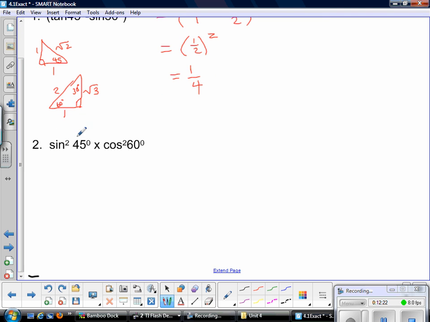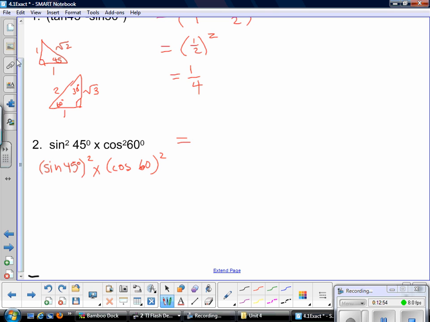Okay, next one: sine squared 45 times cos squared 45. What it means when it has that squared part is that I'm supposed to take the sine of 45 and square that answer. So that's what this means when you see this. Oops, I want the square outside there. Let's again do that.